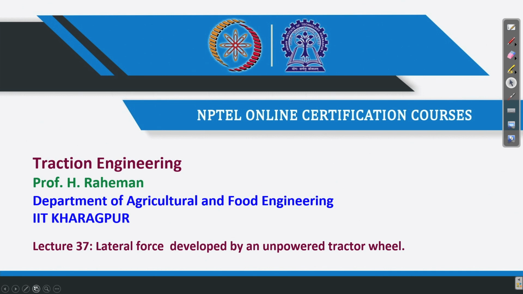The reason is we do not have much literature related to cornering force developed by tractor tires. There is very little literature available, so at IIT Kharagpur we conducted a study on how to measure the lateral force developed by an unpowered tractor wheel. That is what I am going to discuss today.